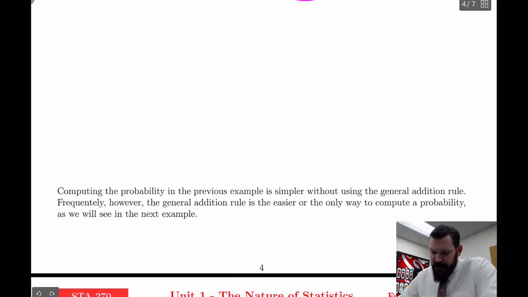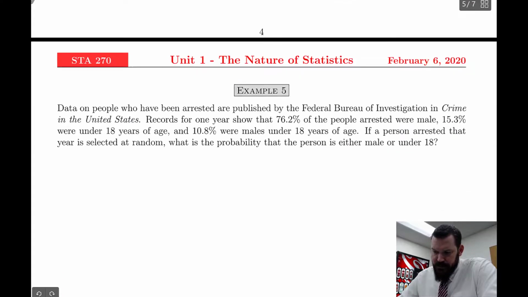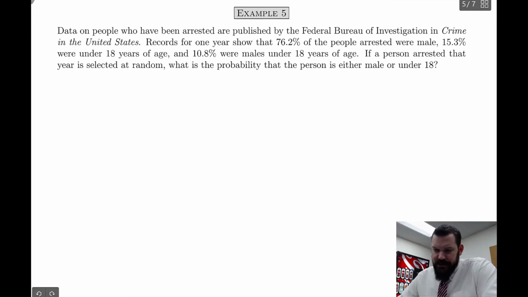The last one that we're going to look at is this example, where we have the data on people who have been arrested, published by the Federal Bureau of Investigation in Crime in the United States. Records from 1 year show that 76.2% of the people arrested were male, 15.3% were under the age of 18, and 10.8% were males under the age of 18.